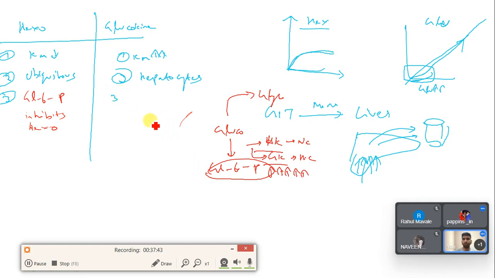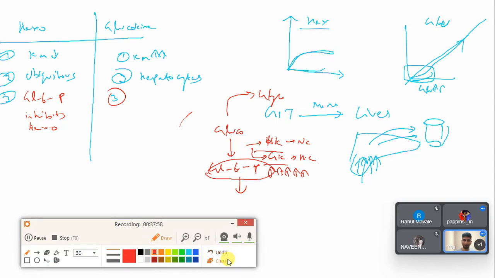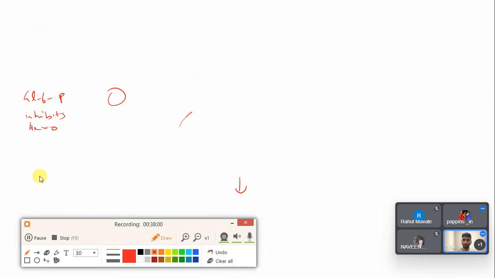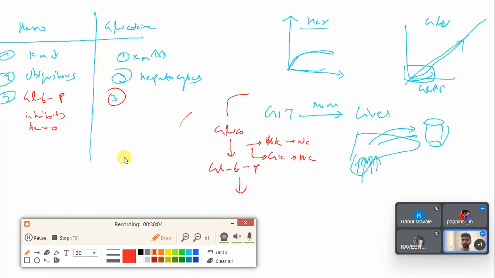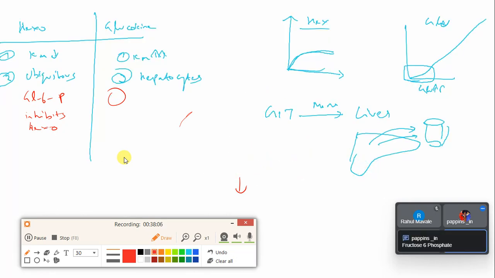So what is the next step after glucose 6 phosphate? What is the next product? Fructose 6 phosphate.